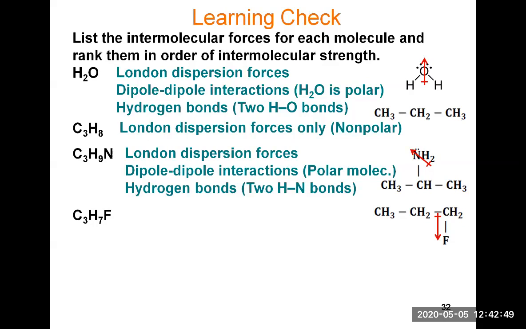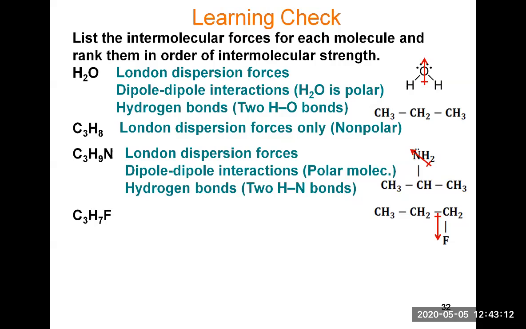And there's nothing to cancel that polarity because all other bonds are nonpolar. So the molecule will be polar towards the fluorine. So we can have dipole-dipole interactions between molecules of C3H7F because of these dipoles.